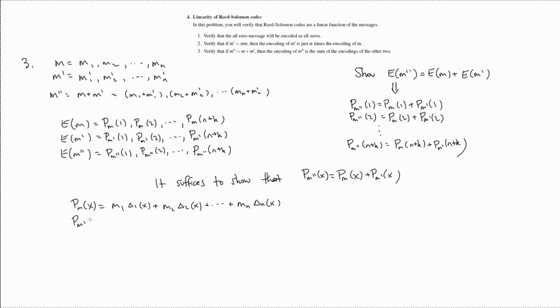Similarly, we have that p sub m prime of x is the interpolating polynomial for m prime, which is given by m prime sub 1 delta 1 of x plus m prime sub 2 times delta 2 of x all the way up to m prime sub n times delta n of x.